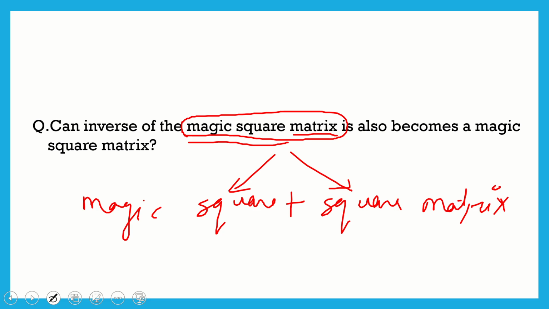One is a magic square and another one is a square matrix. Now I think 50% you may understand what it means. See, a square matrix is a matrix of order n by n, right? We all know this very frequently.